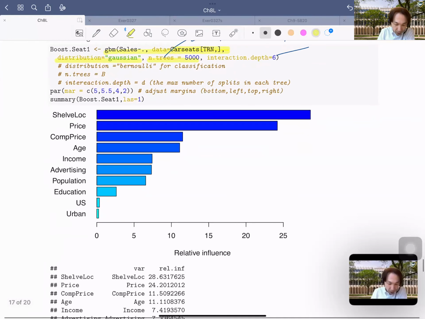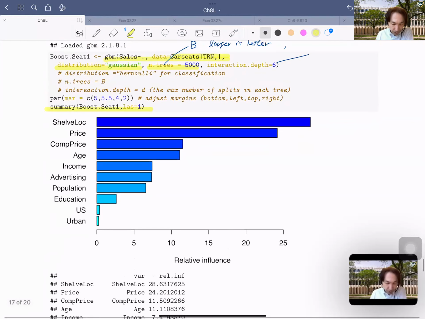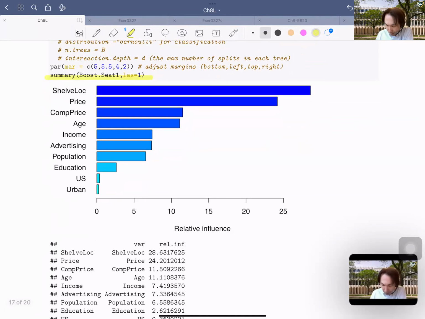And this is the summary of the boosting result. I'm not exactly sure how this statistic is calculated, but it is similar to the percentage increase in MSE when the variable is dropped.